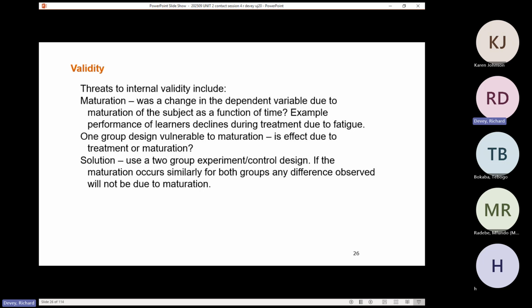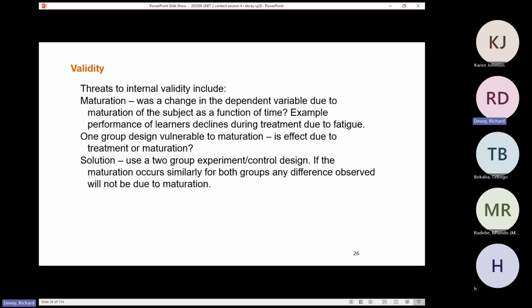Okay, maturation is another threat to internal validity. That's where there's a change in the dependent variable due to maturation over time. Everything changes over time, and that change might be due to the time rather than due to the intervention.